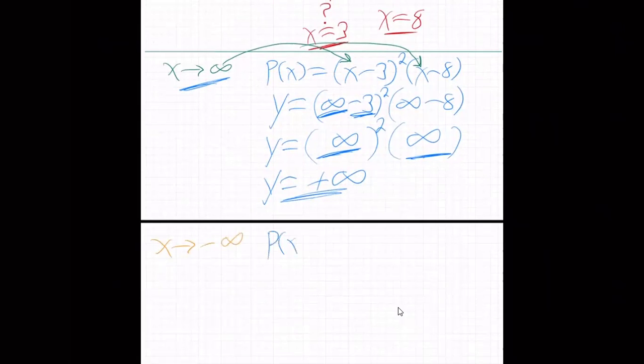Again, write the function. This is Y, right? Function values are Y values. And I'm going to plug in negative infinity for X, right? X right there and right there. (Negative infinity minus 3) squared times (negative infinity minus 8), okay?